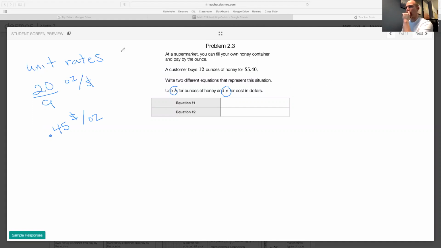Well, this unit rate here first, I'm going to do the top one first, says that if you're getting 20 over 9 ounces for every dollar, then the amount of honey you can get is equal to 20 over 9 times however much you pay, right?